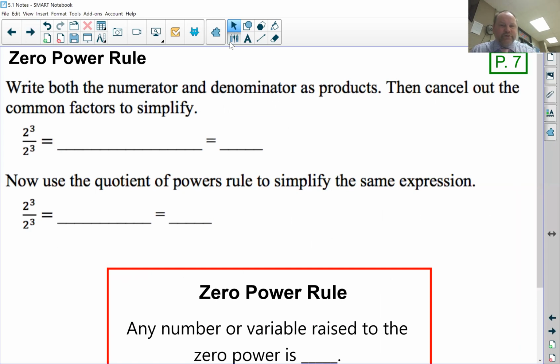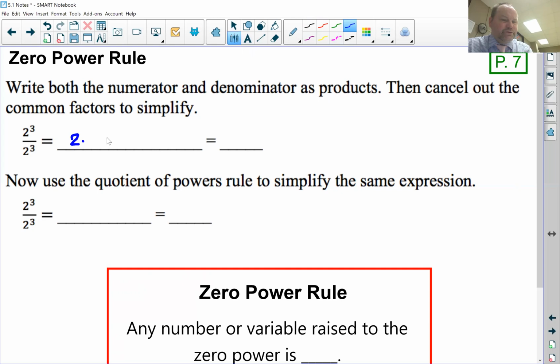So similar to last Thursday and Friday, we're just going to start with an expression that we're used to seeing. 2 cubed over 2 cubed: 2 times 2 times 2 over 2 times 2 times 2.